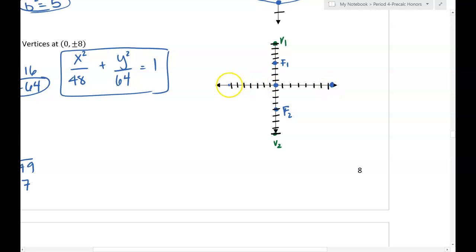Not exactly to scale, so don't hold me to it. So it's almost near a circle, because if you think about it, the two vertices only go up to 8, and the minor axis goes slightly a little bit past 7, so it's pretty close to a circle. All right.